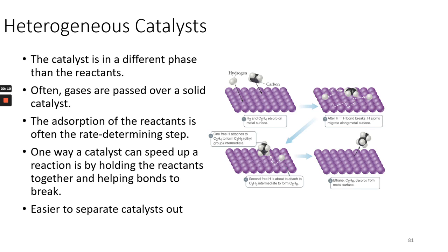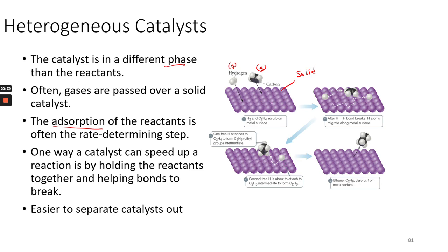Your heterogeneous catalyst will just be in a different phase. So in this case, the catalyst is a solid for these two gases. The gases pass over the solid, and then they stick to the surface. When they stick to the surface, that's called adsorption. They're not penetrating into the substrate, they're just sitting on top of it, sticking to it.